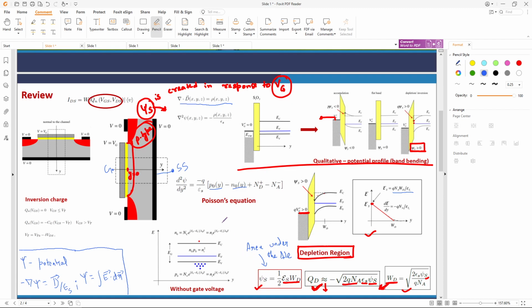Essentially, we use the Poisson equation again. The second derivative of this quantity is equal to the charge. So the second derivative of psi is minus QD upon epsilon S. I know psi S over here, so to take the second derivative I should do d square by dy square.